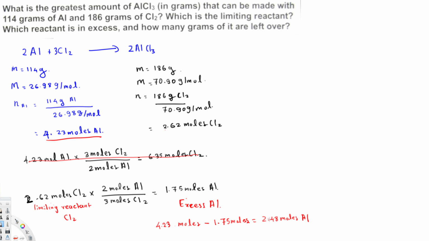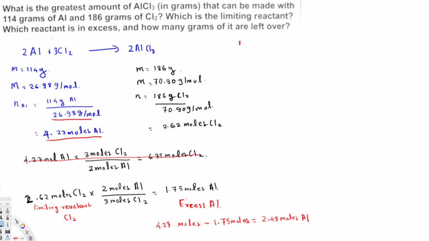And then what else do we need? They are asking in grams, so we have to convert this into grams. To convert this into grams, we know the molar mass of the aluminium is 26.98 grams per mole. Here we have moles, so if you multiply the moles by grams per mole, that will give you the grams, right?